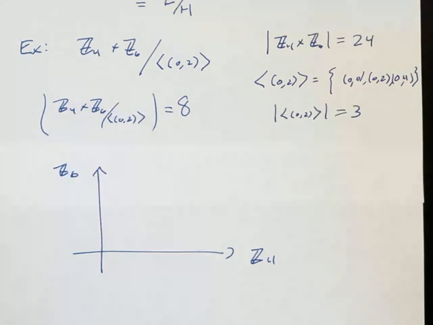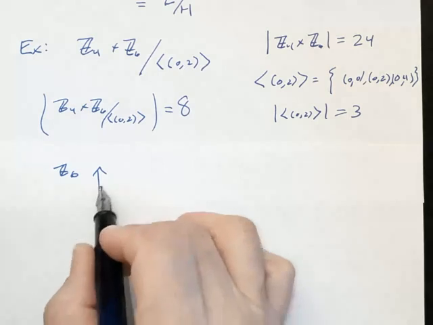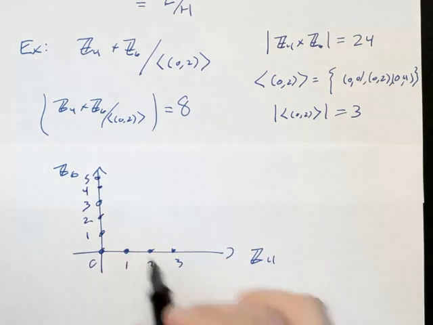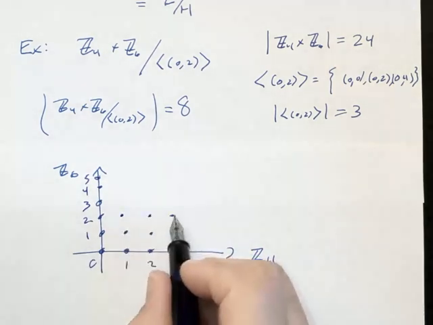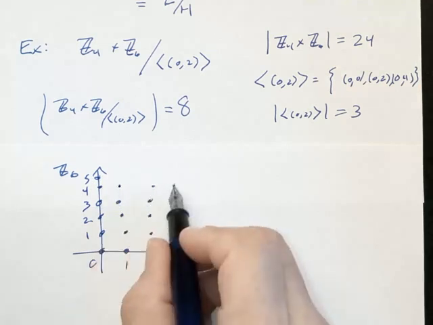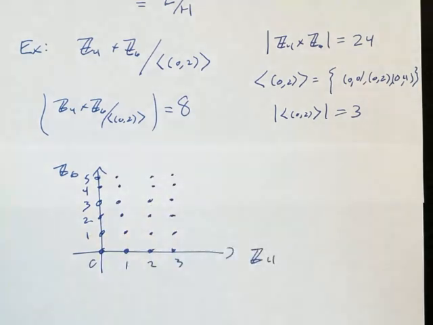X-axis go up to 3. Y-axis you should go to 5. And then I need all 24 lattice points that would be in my group.